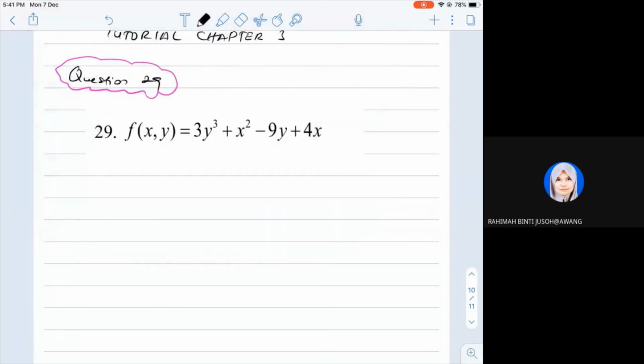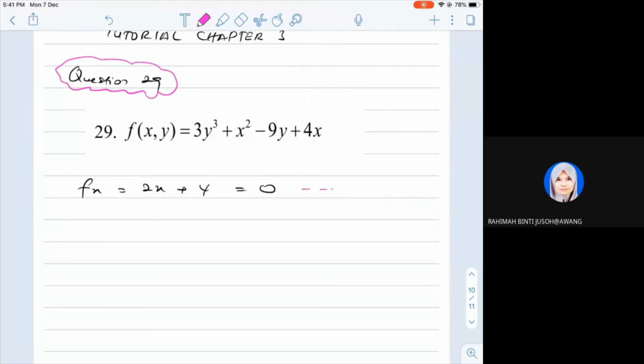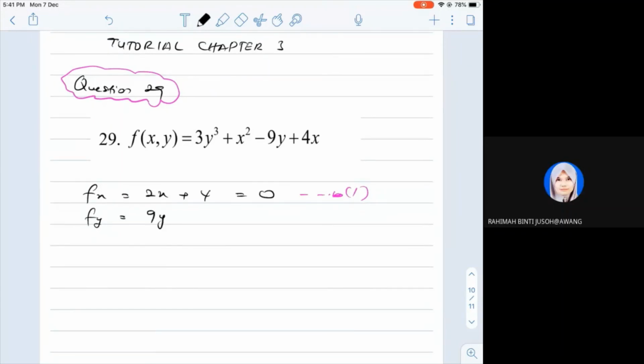First, find fx, differentiate with respect to x, we get 2x plus 4, senang juga, equals to 0. This is your first equation. Alright, and then fy, 6y minus 9. Kenapa? 9y squared kan? Minus 9 equals to 0.